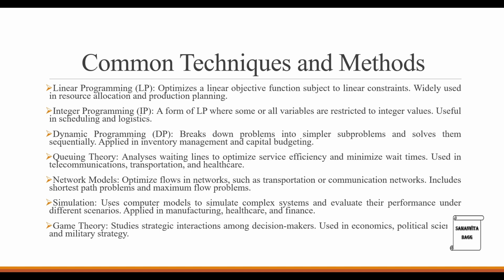Simulation uses computer models to simulate complex systems and evaluate their performance under different scenarios, applied in manufacturing, healthcare, and finance. Game theory studies strategic interactions among decision makers, used in economics, political science, and military strategies.